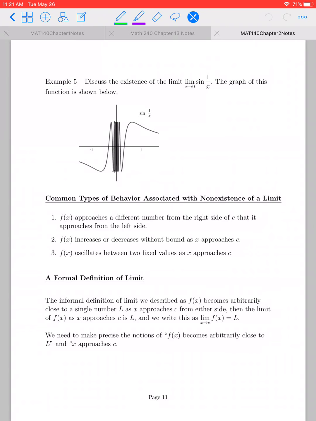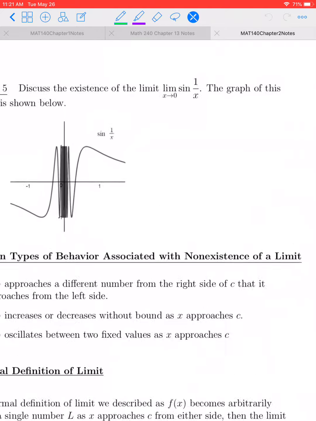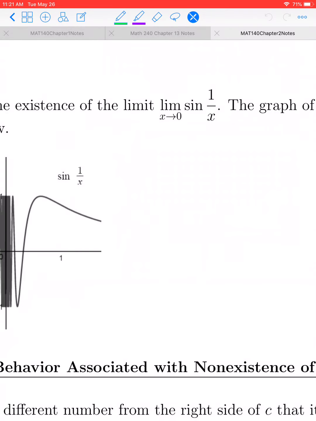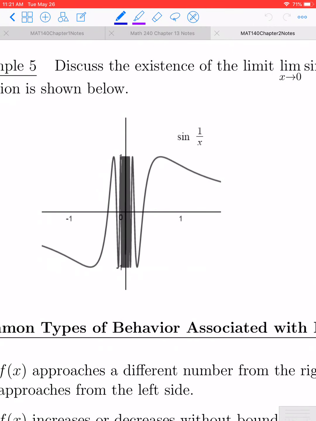Another more exotic example of a limit that fails to exist is the limit as x approaches 0 of the sine of 1 over x. From the graph, we can see that as we approach 0 from the left-hand side, this function starts oscillating infinitely often between negative 1 and positive 1.